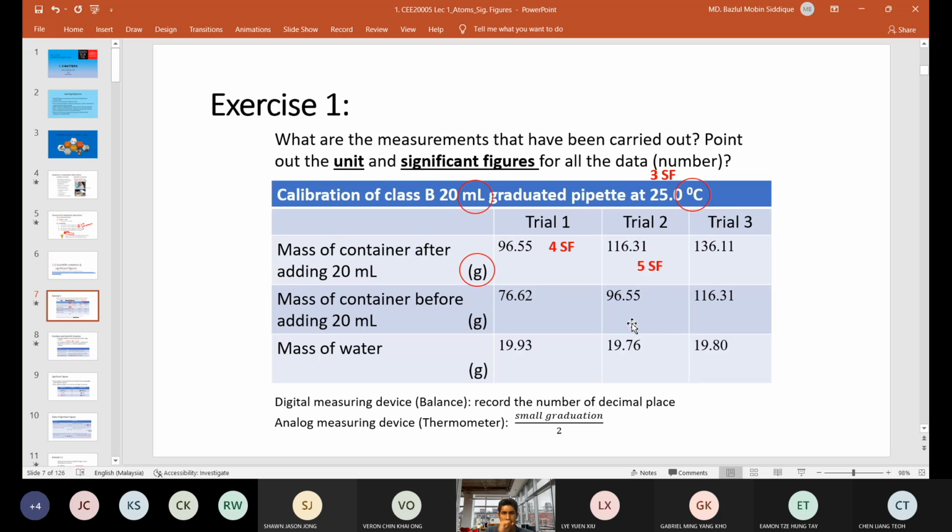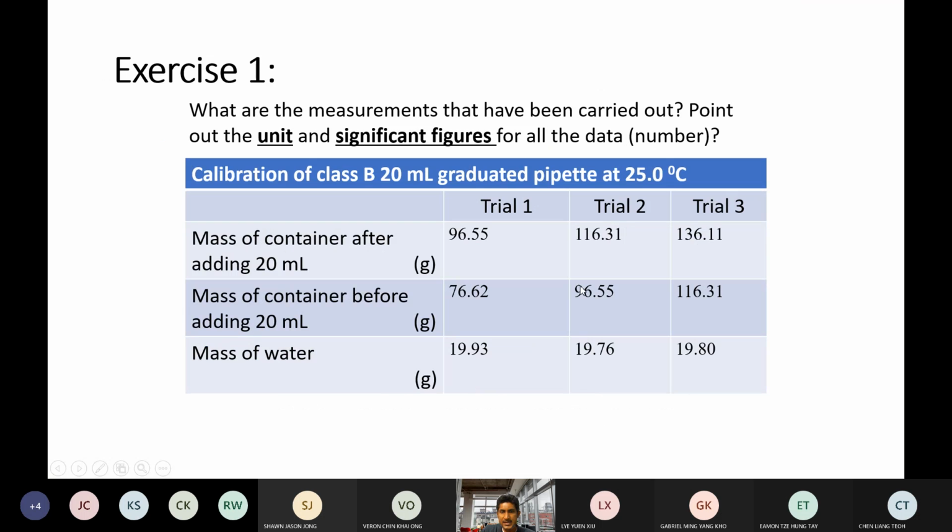And then significant figures. Every measurement we have, let's say 90.655, and here we have 116.31, trial 136.11.